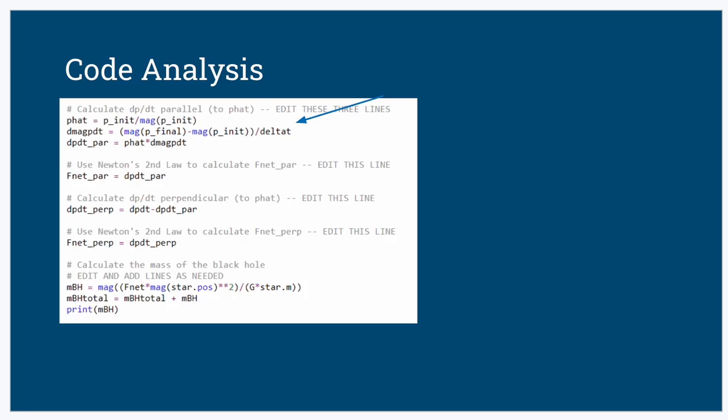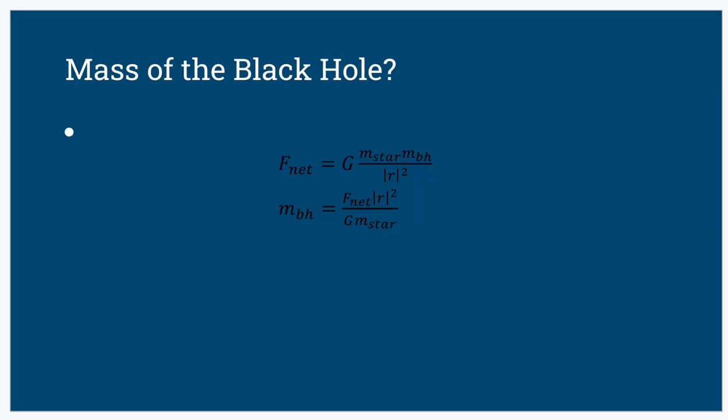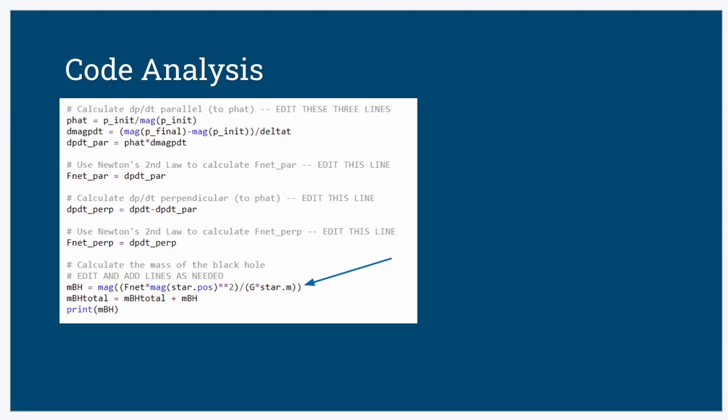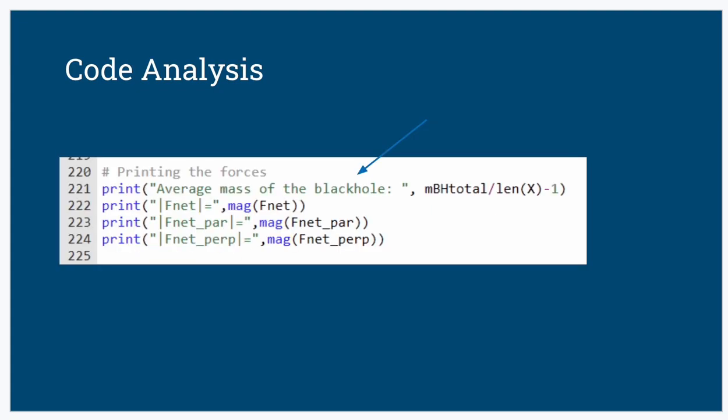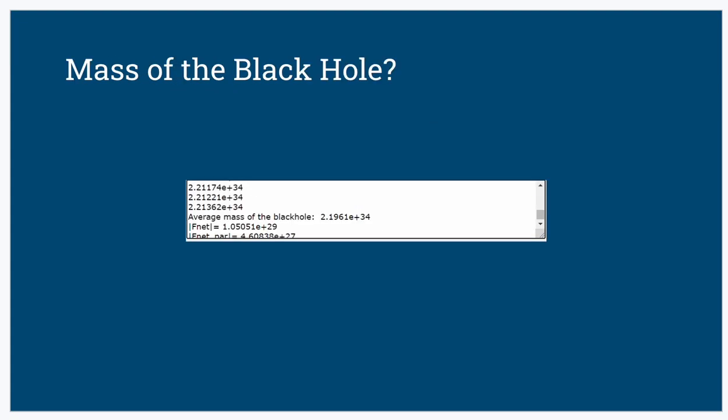And then we keep updating until we can find the parallel and perpendicular. So then this is our final calculation for the mass. And there it is at the end. And this is just setting our arrows for the simulation, as you saw before.